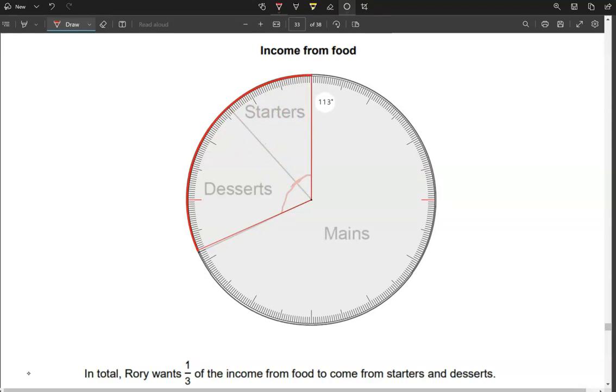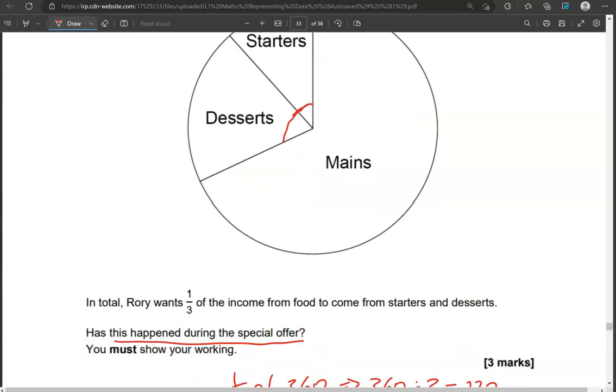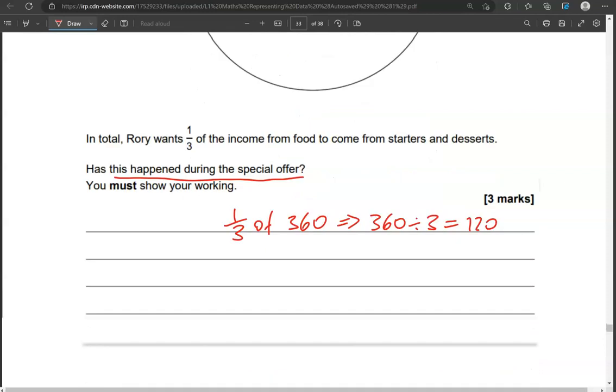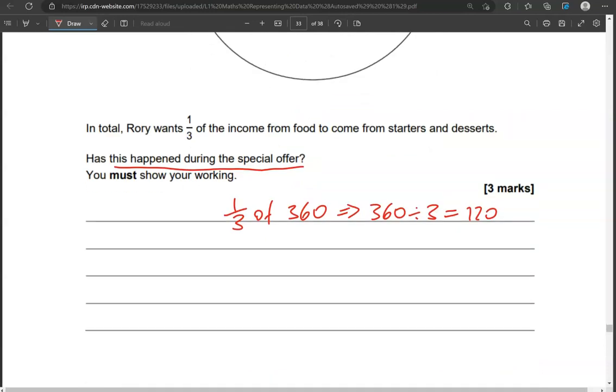This is about 115 degrees. So we're going to say that no, it hasn't happened.